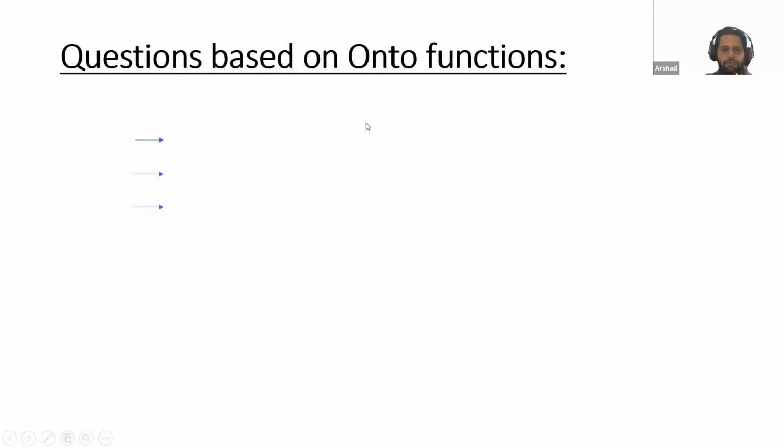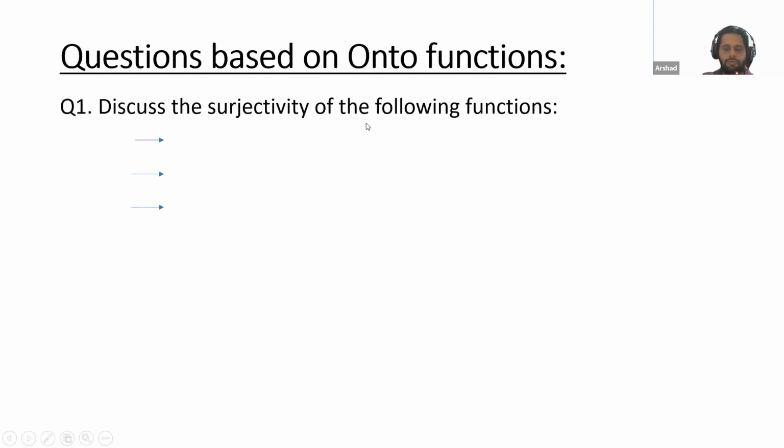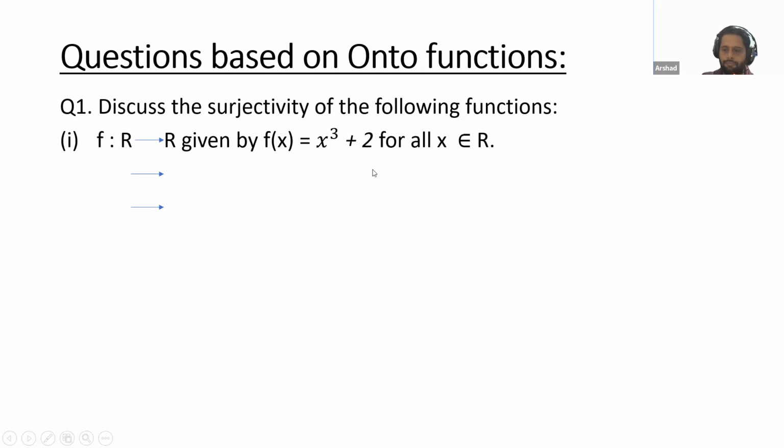Who can tell me, Josefa, can you tell me what is the onto function? One or more image on B? No, this is not onto. Mazia, can you tell me what is the onto function?